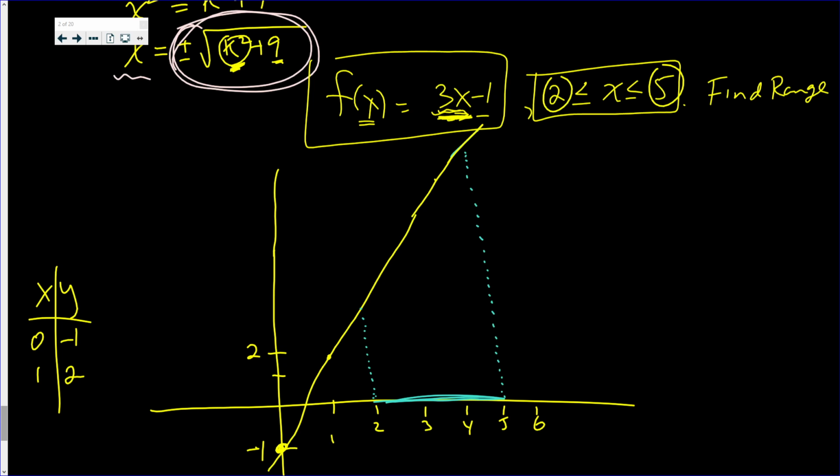What I was thinking about was when you're just asked to graph it. You don't need to know what f of 2 is and f of 5 is. Teacher says, graph this line. Okay, so all you need to do is only keep the portion between 2 and 5.